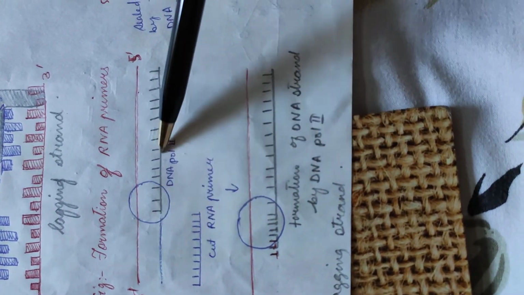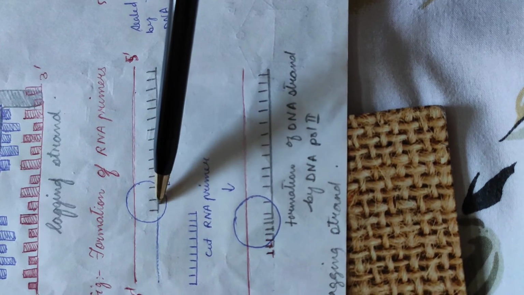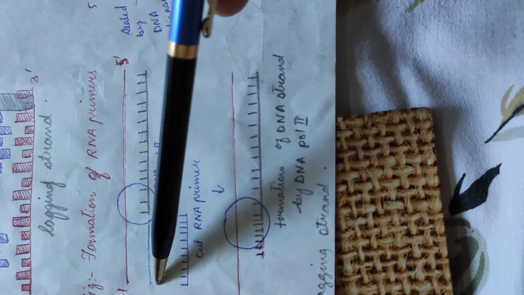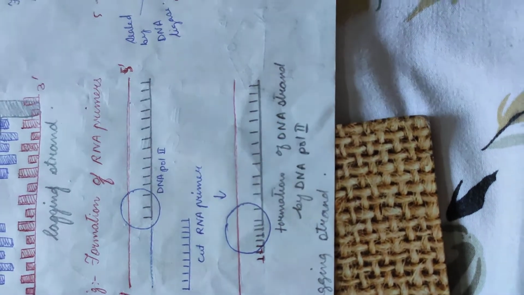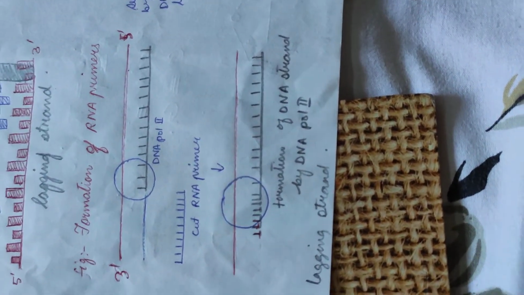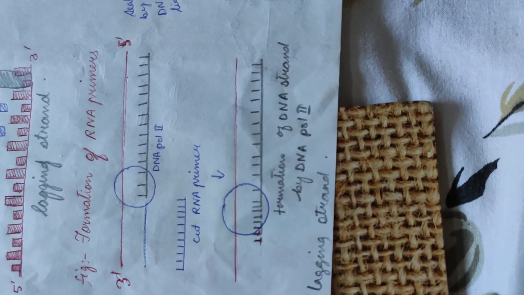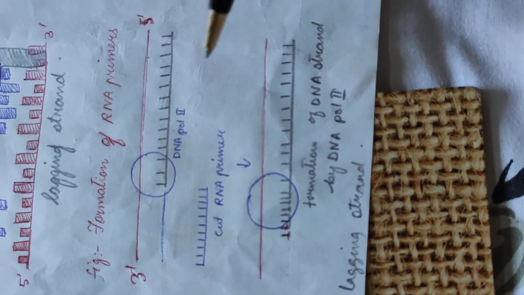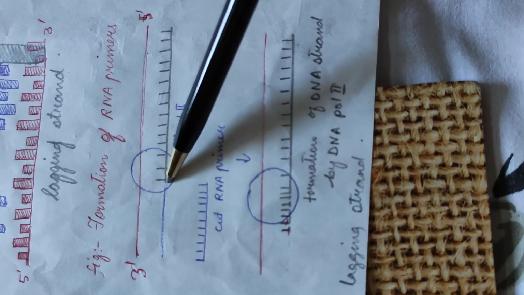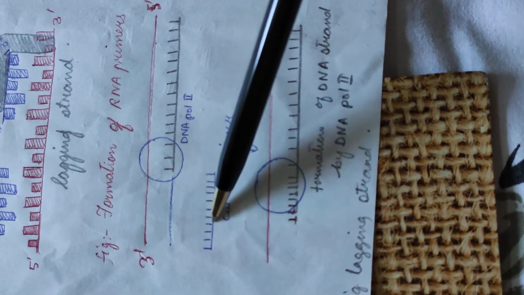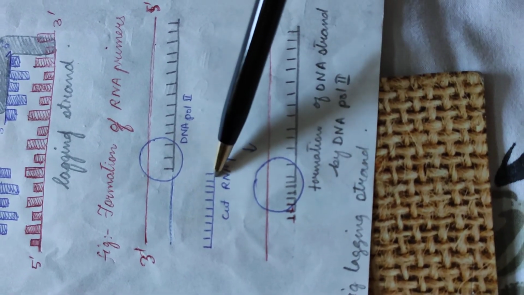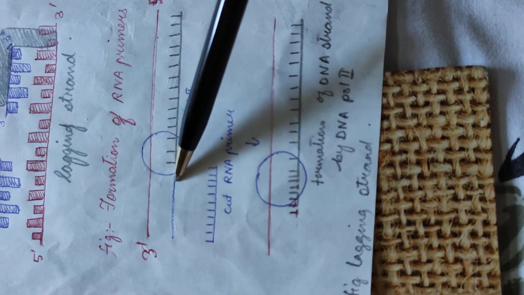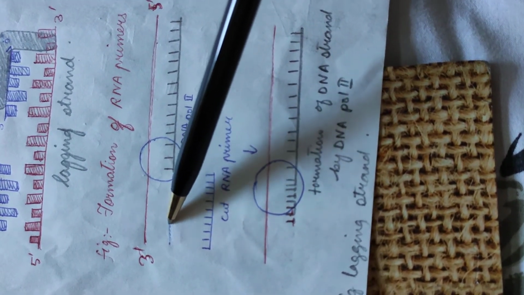Now, after the laying down of DNA strands, the RNA primer is still there. In DNA replication, it is DNA strands that should be there, not RNA strands. So what happens? Another enzyme, DNA polymerase I, binds with the strand, cuts the RNA primers and lays down DNA nucleotides here.